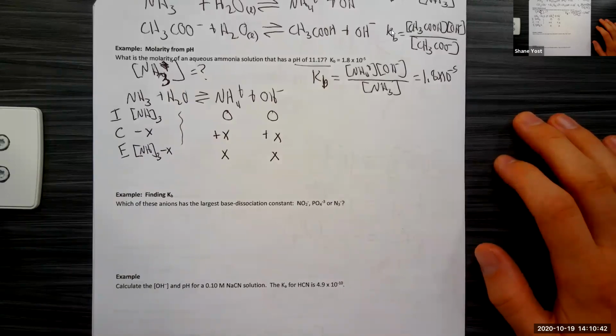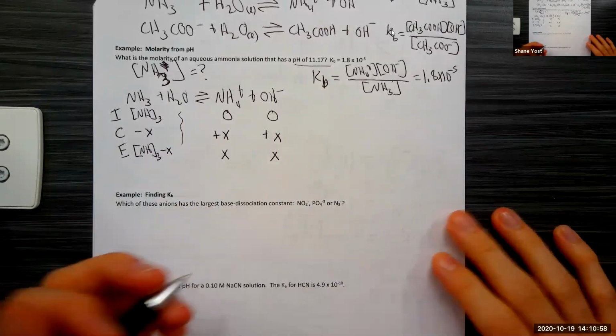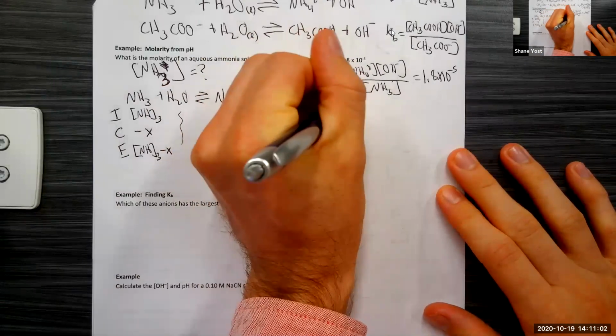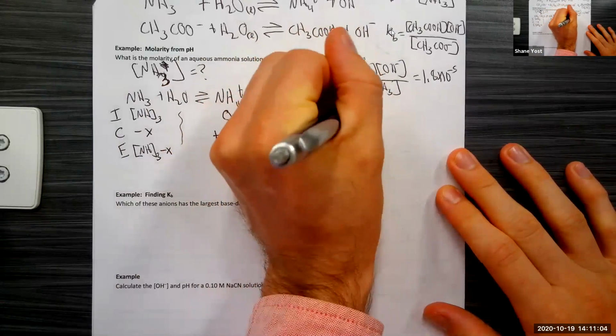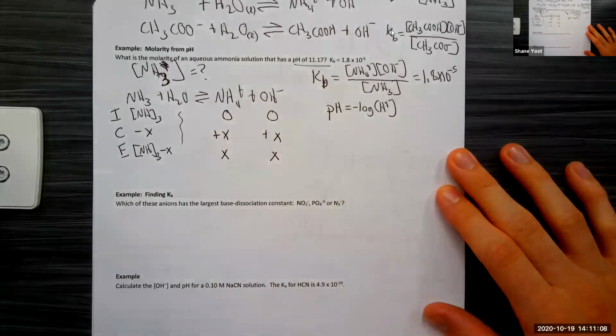Now, in the problem, we're told that our solution of NH3 produces a pH of 11.17. That pH of the solution tells me the equilibrium concentration of H plus, because the pH equals the negative log of the H plus concentration.